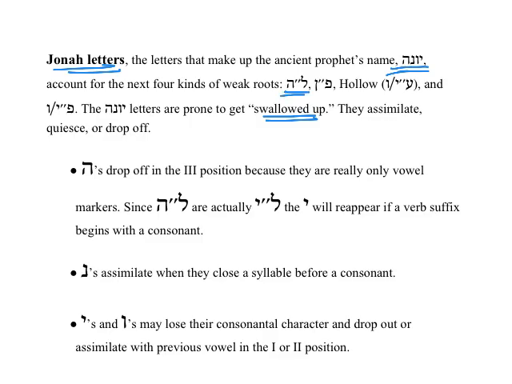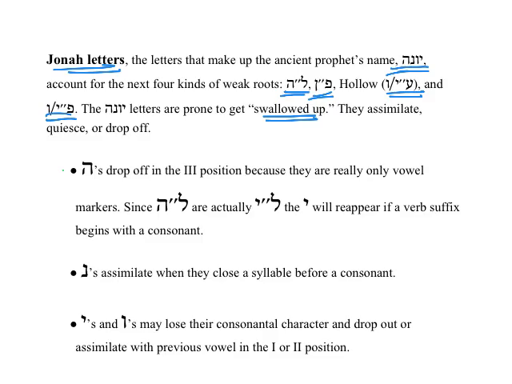So, for example, the lamed hey has a hey at the end, which sometimes falls off. The pei nun has a nun in the pei or the first position, sometimes assimilates. Hollow verbs have a yod or a vav in the middle position, and therefore it seems like the words are hollow. And pei yod vavs have their own set of issues because they're in the first position of the word.